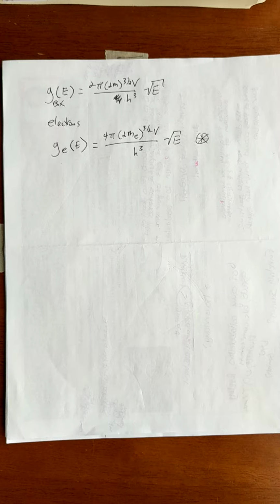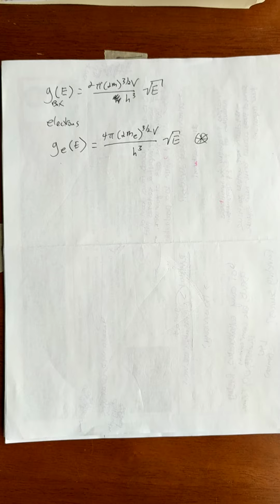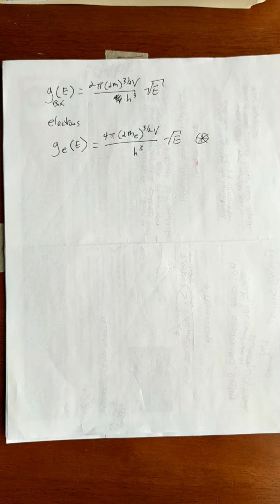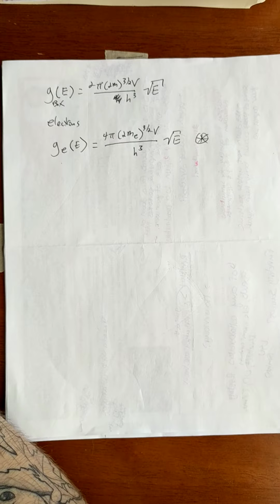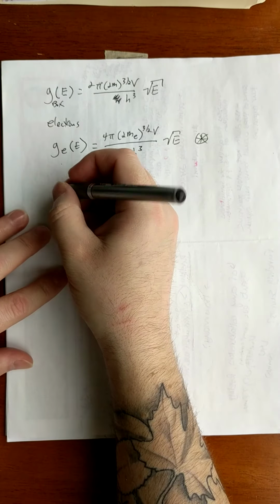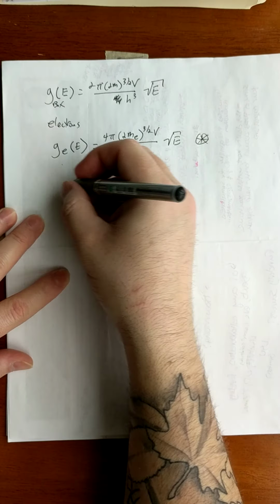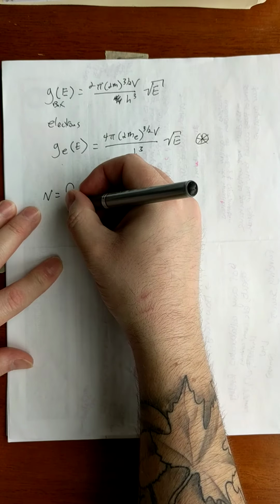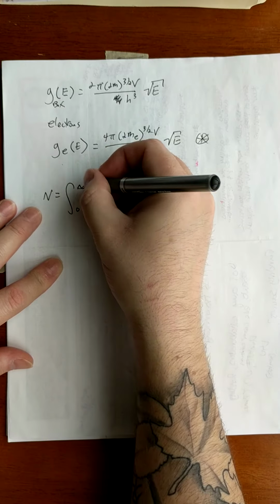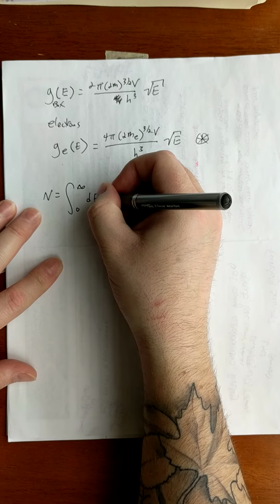Okay, so now that we've gone through all this density of states business, we can find those alphas we needed to normalize our quantum distributions. The way we do that is we know that our number of particles is going to be equal to the integral from 0 to infinity over energy space.